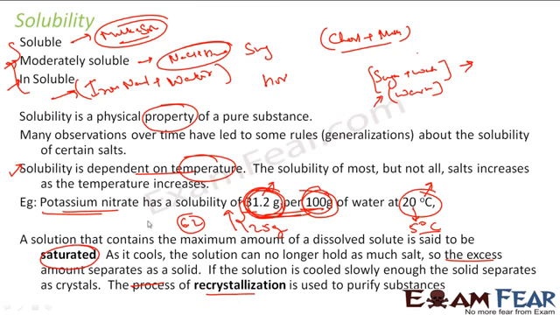So we have a saturated solution with some crystals. Now you decrease the temperature, and since you decrease the temperature, the water can't hold that many crystals, so they come out, and that is recrystallization. All things are linked: precipitation, recrystallization, solubility. So I thought it's better to have a slide on this, so you understand what is happening.